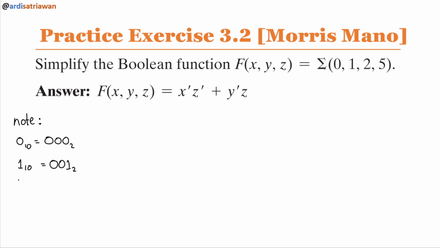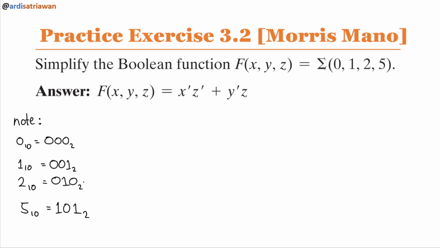And 2 in base 10, we will have 010 in base 2, 3 bits. For 5, we will have 4 plus 1, so we will have 101 here. And this is base 2. Let me know if I made any mistakes here.